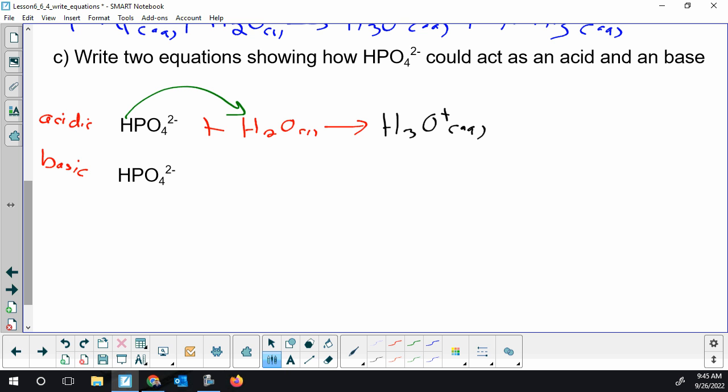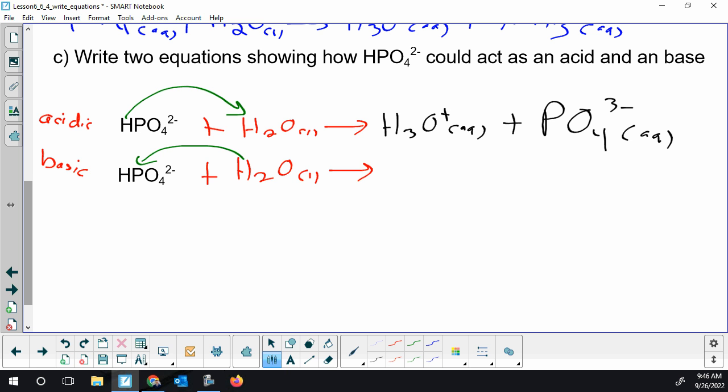That's the first thing I look for when you write an acidic equation is, do we have a hydronium product? And HPO4 2- has one H. It donates it away, so it's going to have no H's left. Drop the charge by 1. As a basic equation, now your brain has to be able to go the other way.